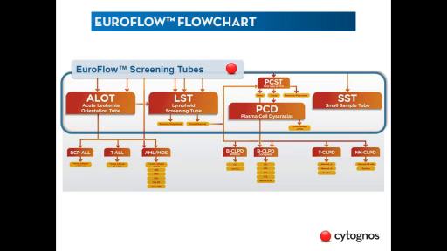If the screening tube for acute leukemias says that the pathological population has T lineage, you are going to apply the T-ALL panel. The same with the LST, the same with the PCST. So you see, EuroFlow screening tubes are the first step that helps us define which is our pathology, and then we make the final diagnosis thanks to the full panels. So this is like a 2-step diagnosis system.